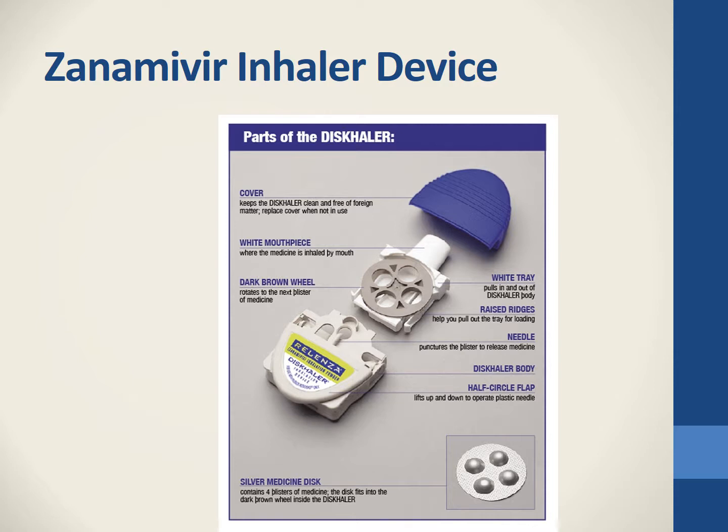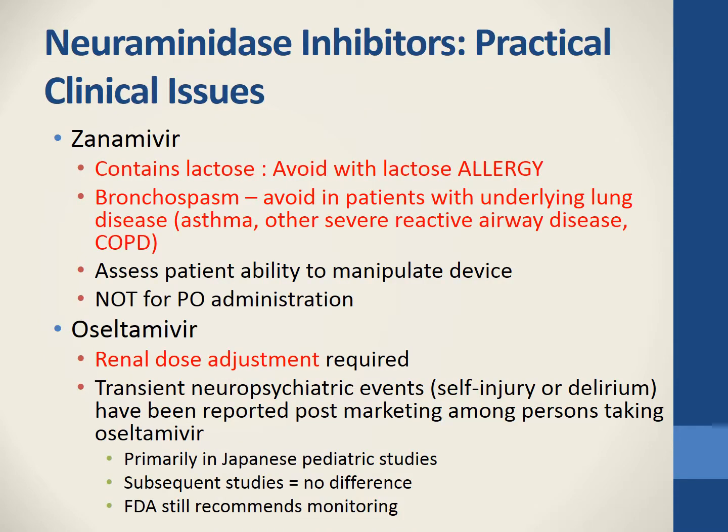And then when they take their next dose, they rotate that disc and repeat the procedure over again. So you can see that there is a need to have some manual dexterity and to be able to understand how to manipulate this inhaler device for the patient to use it effectively.